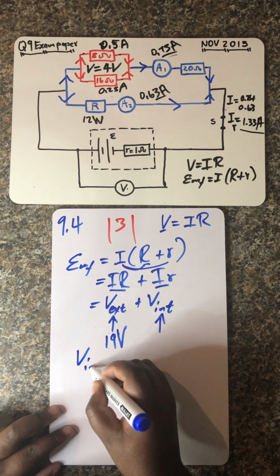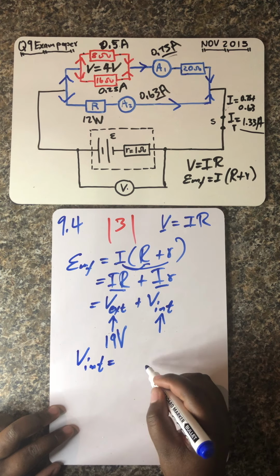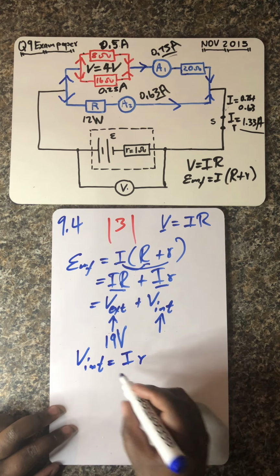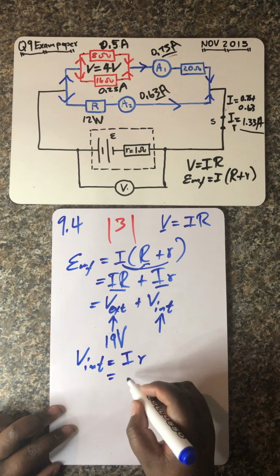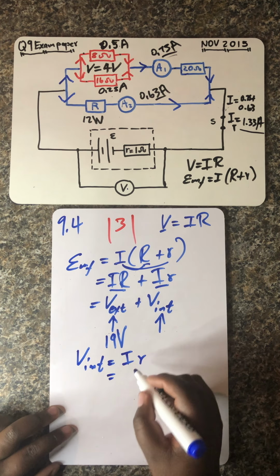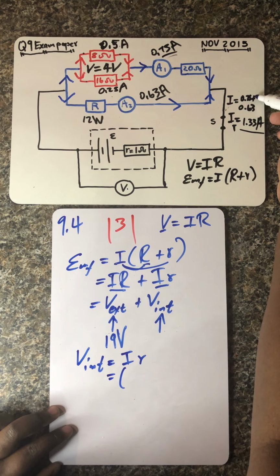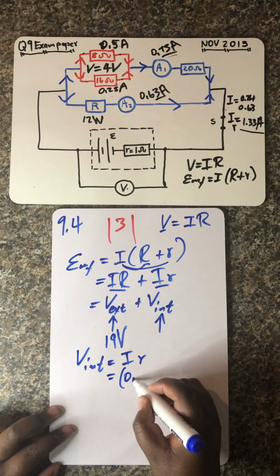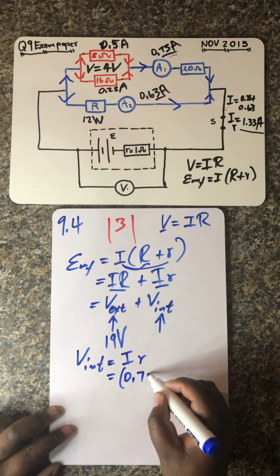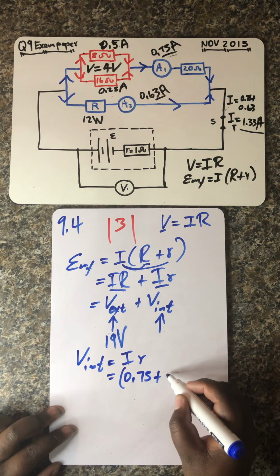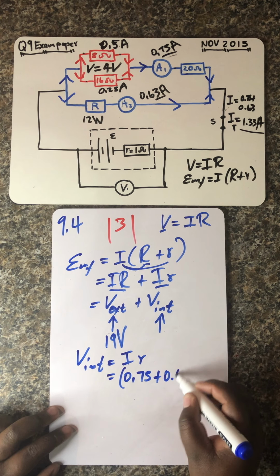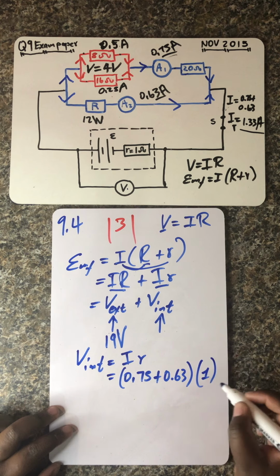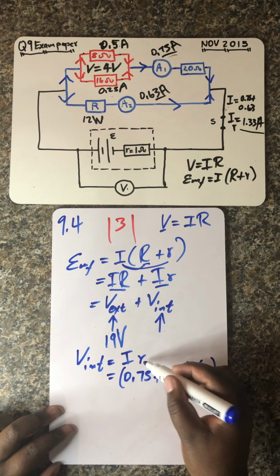So let's say V internal is equal to, we obviously know that it's I times small r. Okay, so what is the current flowing there? It's the combination of those two, which is 0.75 plus 0.63, all multiplied by 1. What is 1? 1 is that small r.